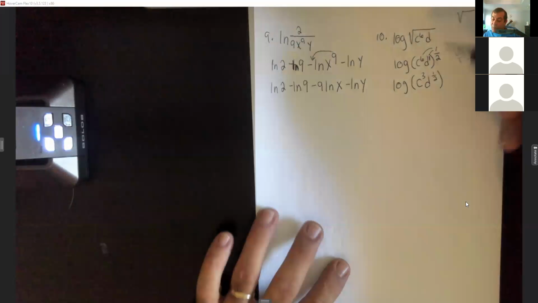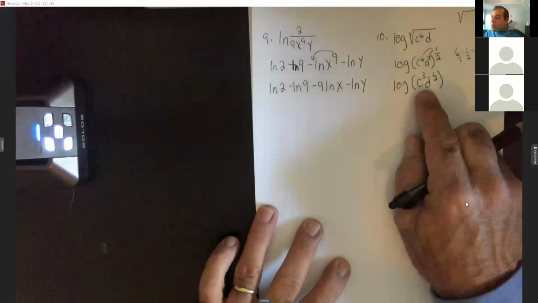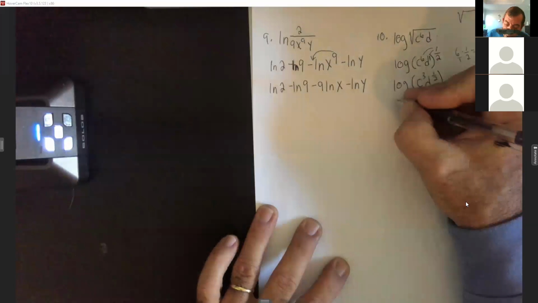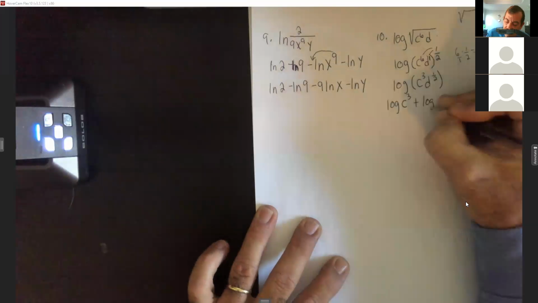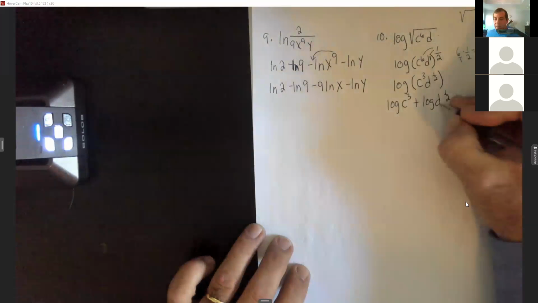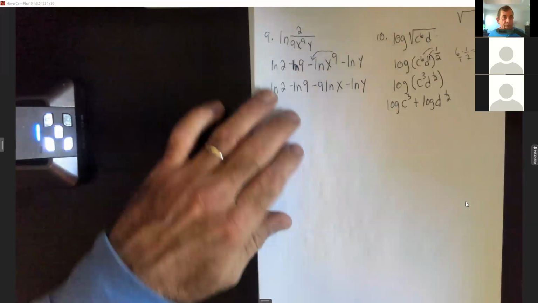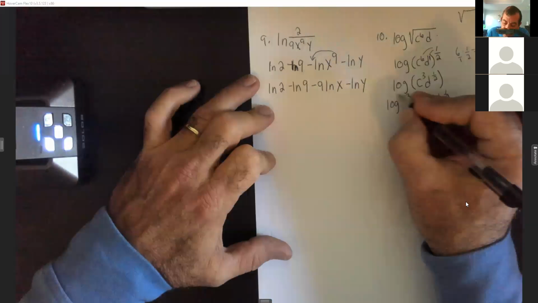All right, so we're finally written without this radical. So now we'll rewrite this product as a sum. So I'll do my log of c to the 3rd plus my log of d to the 1/2. All right, last move. And usually this will always be the last move, and it's to bring them exponents down.